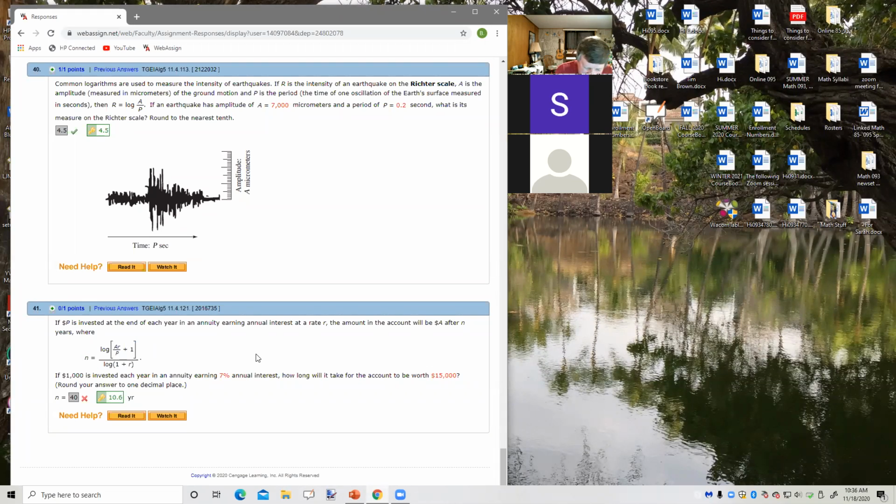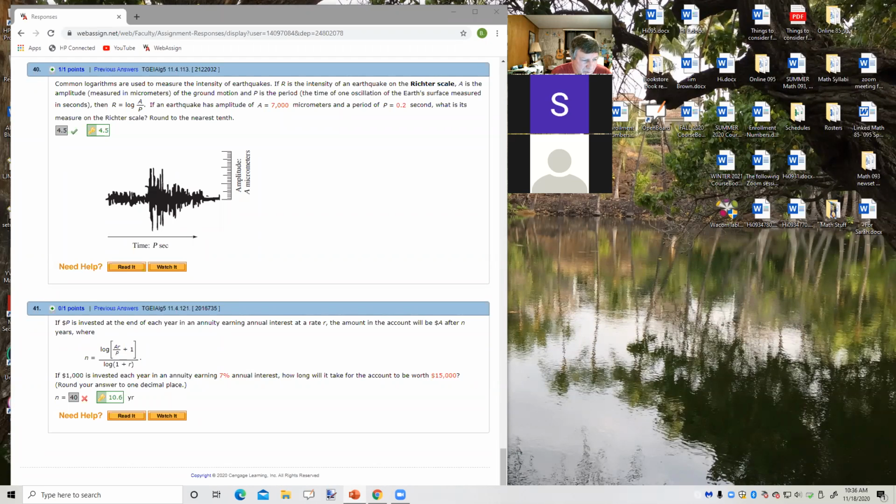Okay, so we've got N equals log of (AR over P plus 1) all over the log of 1 plus R. So let's see, if P dollars is invested at the end of each year in an annuity earning annual interest at a rate R, the amount in the account will be A dollars after N years.